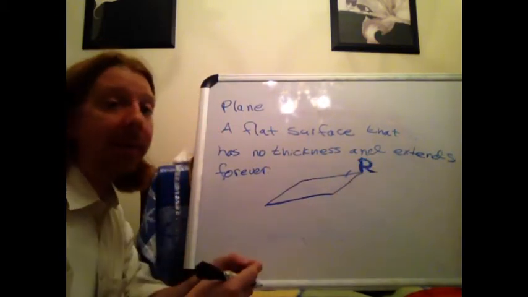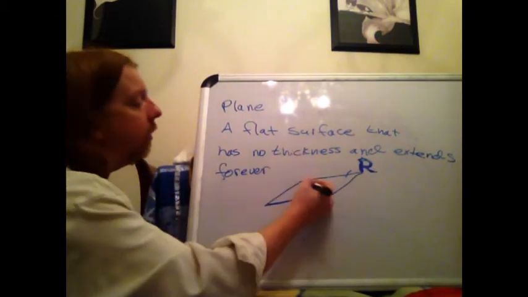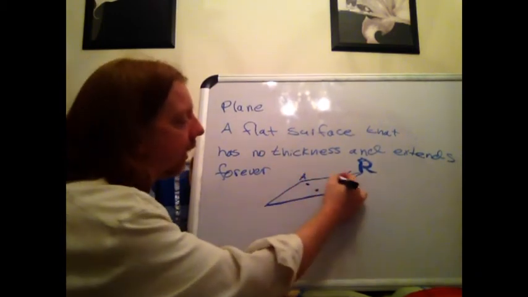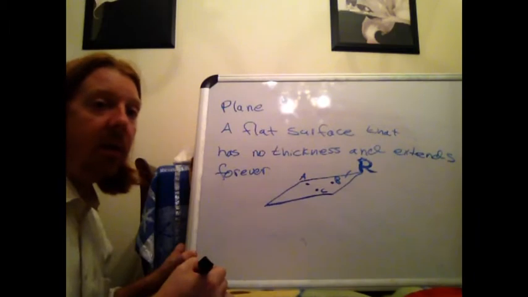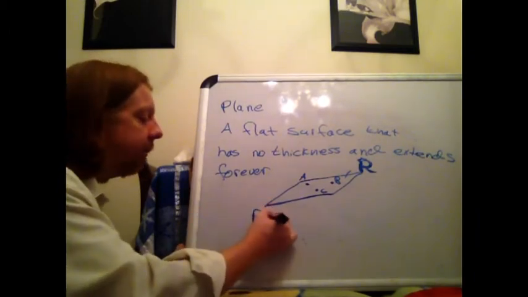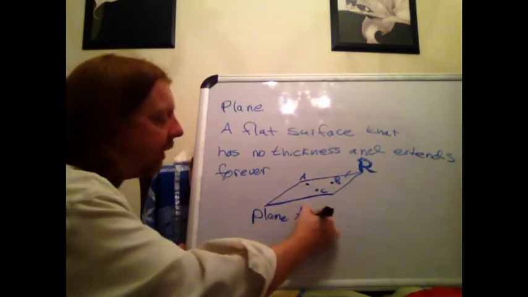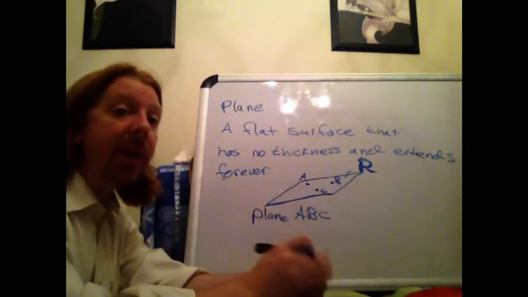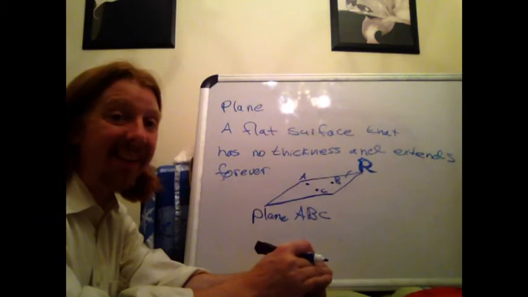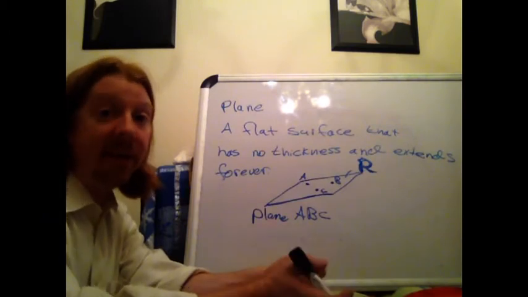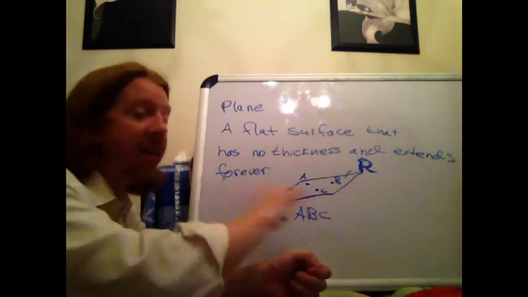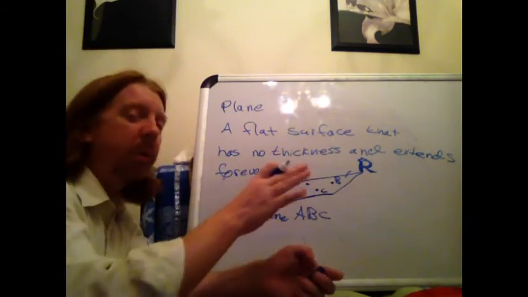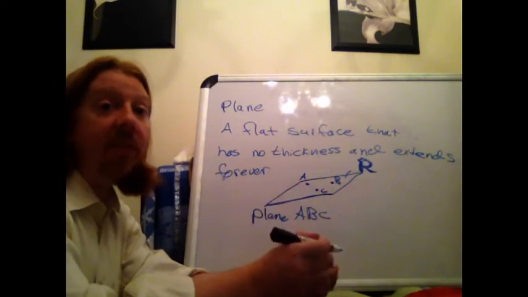So we might call that plane R. Or if you pick 3 points that are not in a line together, A, B, and C, we can refer to this as plane ABC. The fact of the matter, though, is you must pick 3 points that are distinct. They cannot be in a line together if that's how you name your plane. If they line up, you haven't identified a specific plane. We'll talk more about that when we get into the postulates and theorems for the chapter.